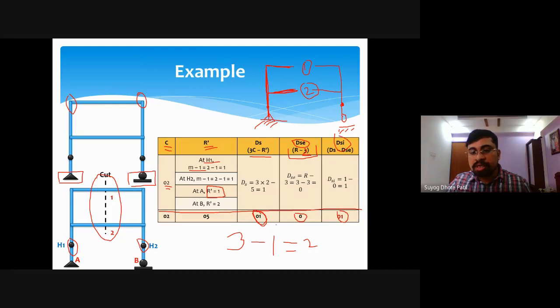So the total number is reflected as 1: the given frame is indeterminate to degree 1, internally here, or we can say internally it is not stable.